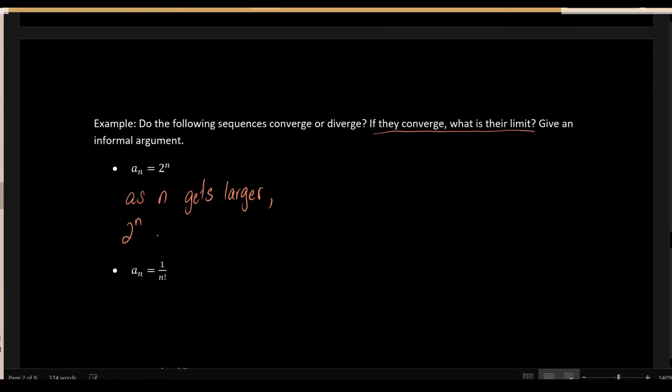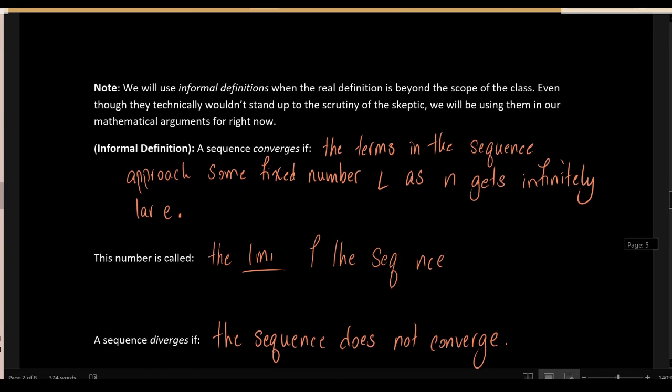So 2 to the n starts to get very, very large, and it approaches infinity.